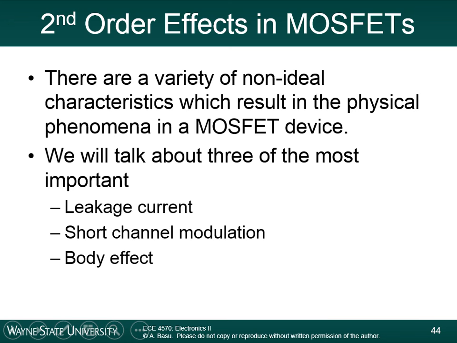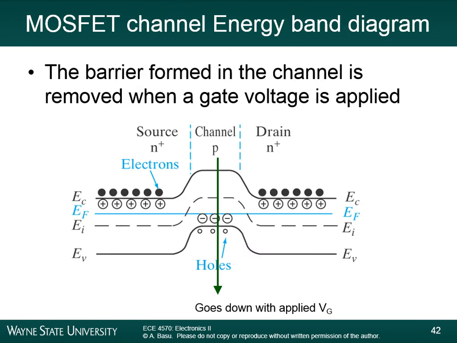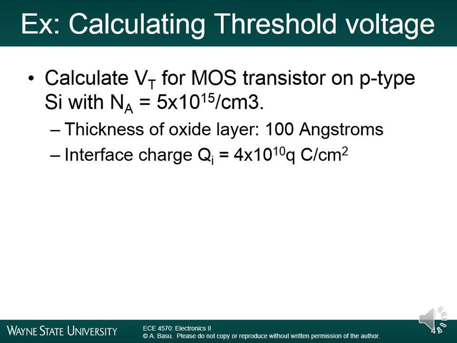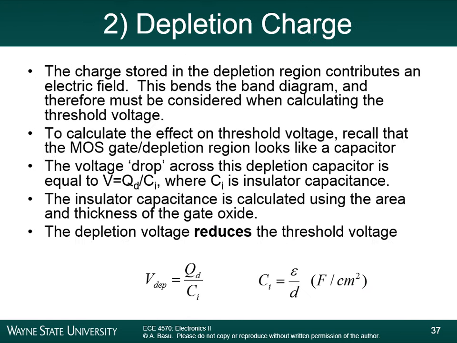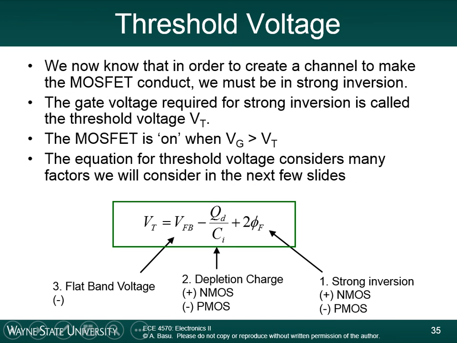Before we get into that, I just want to quickly cover one thing from last time. We ended off last class with calculating threshold voltages. Now, there is a problem on your homework set, and the solutions are there too, about how to calculate threshold voltages. There's a lot of calculations involved in doing a threshold voltage. So if we look back at the threshold voltage equation, there are many components that you have to figure out.